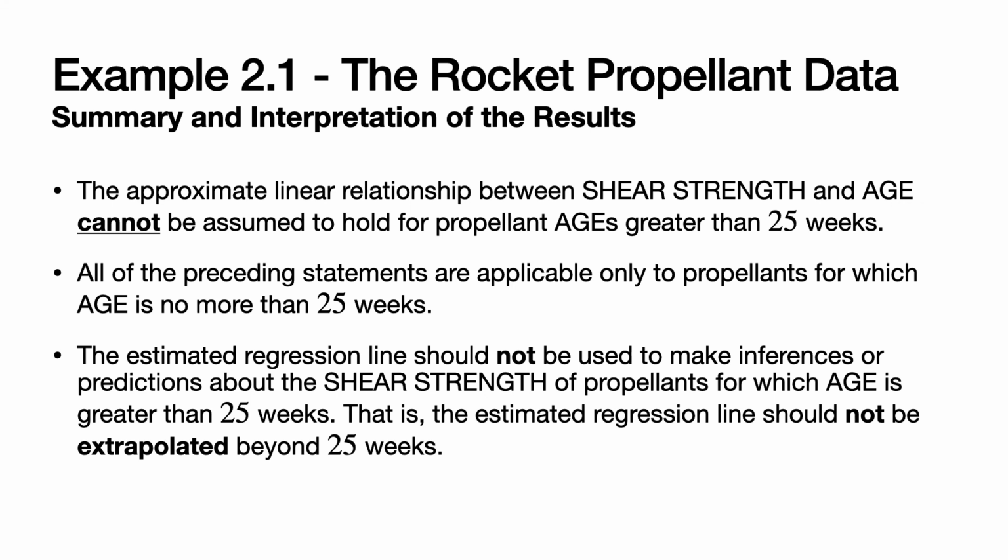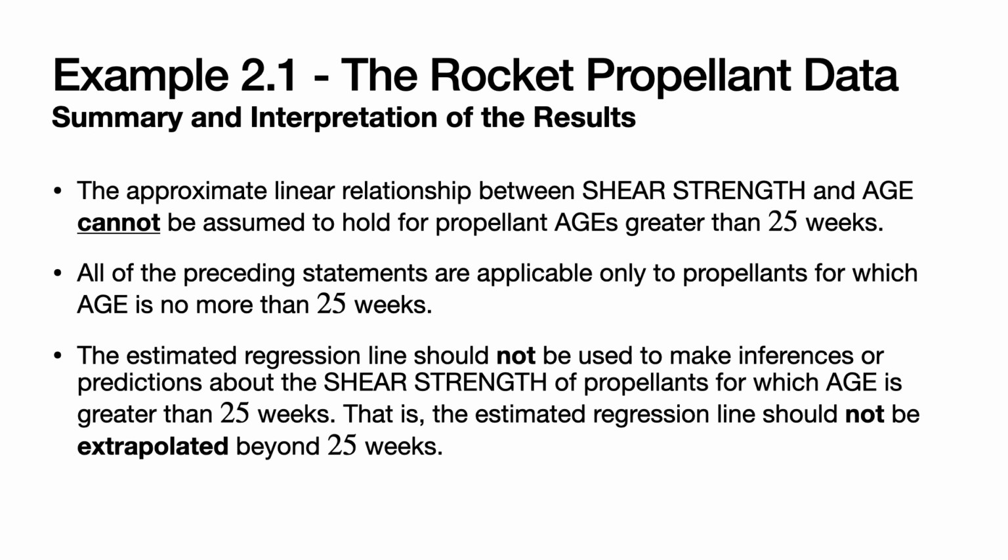Here are a few caveats. The approximate linear relationship between shear strength and age cannot be assumed to hold for propellants greater than 25 weeks in age. All of the preceding statements are applicable only to propellants for which age is no more than 25 weeks.